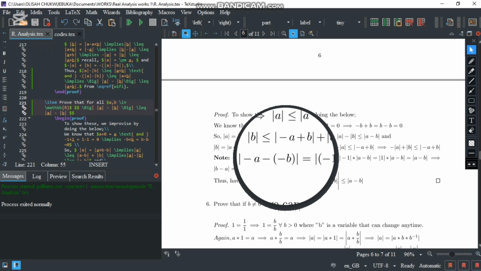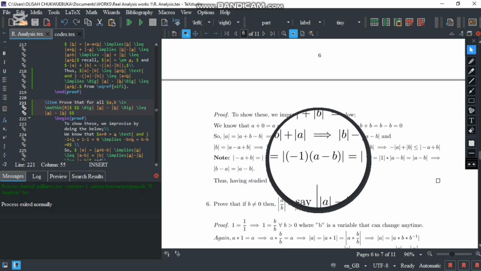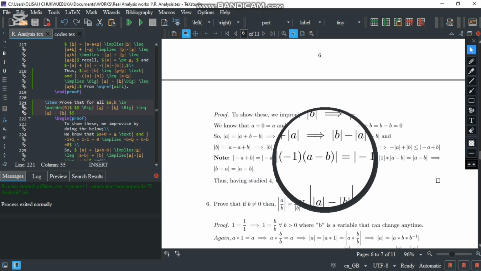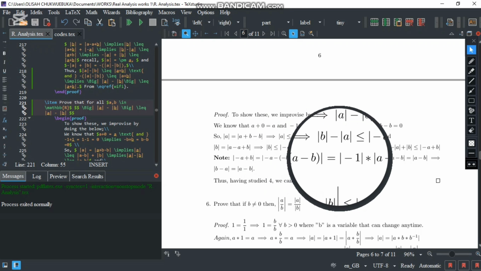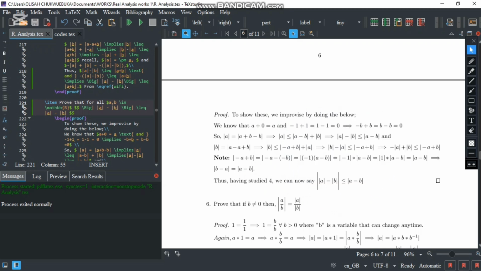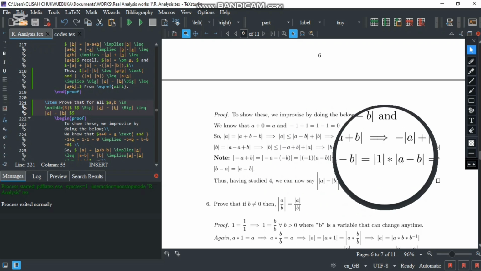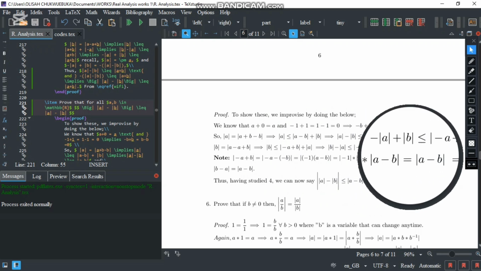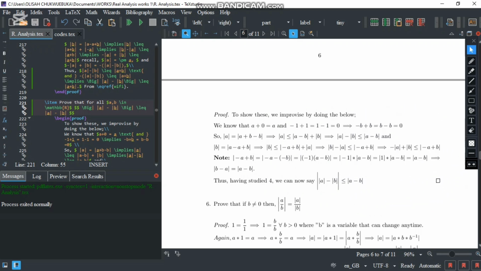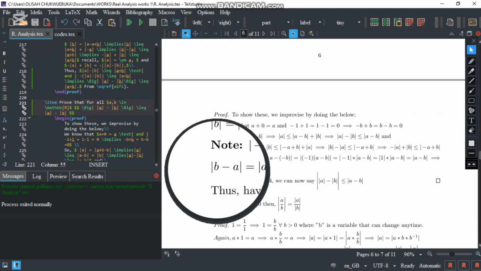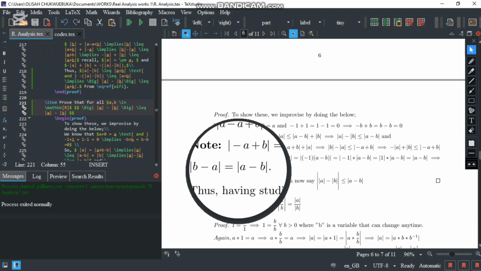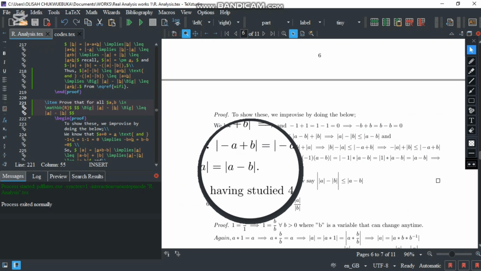So the absolute value of minus 1 in one parenthesis, and in another parenthesis a minus b. What we'll have here now is the absolute value of minus 1 multiplied by the absolute value of a minus b. That will give us the absolute value of 1 multiplied by the absolute value of a minus b, so it gives us the absolute value of a minus b. So that implies that the absolute value of b minus a is equal to the absolute value of a minus b.